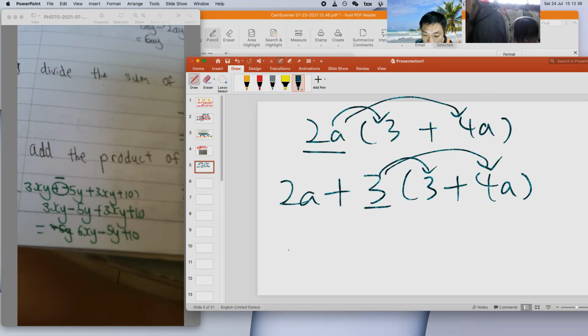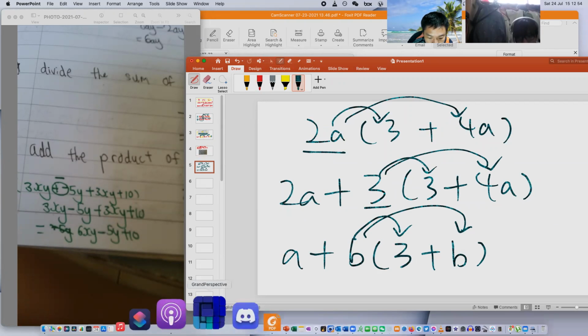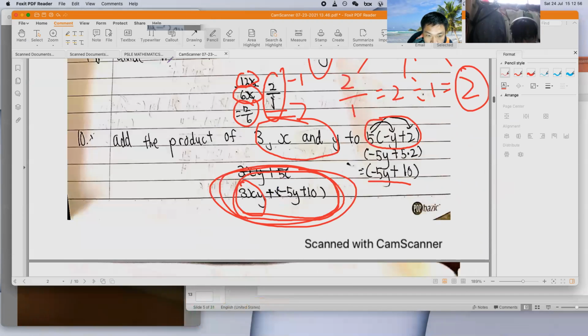Let me give you some more examples. You do this, right? So that's what you're supposed to do. Can you correct your this question? Can you continue from here? Do it on a piece of paper and send it over.